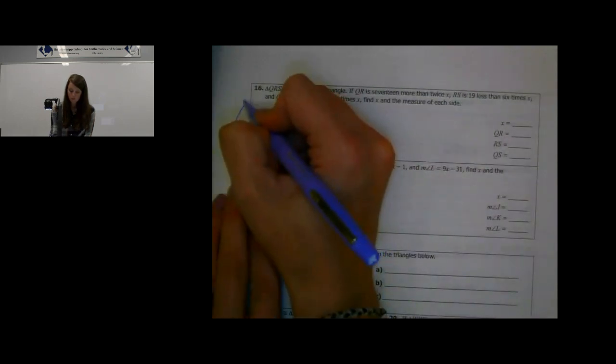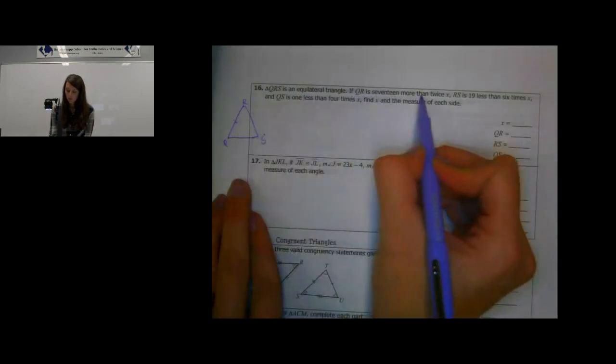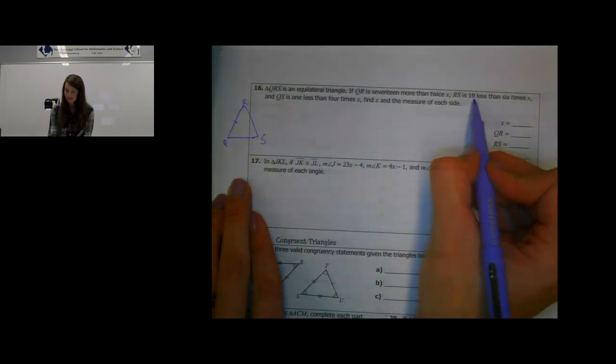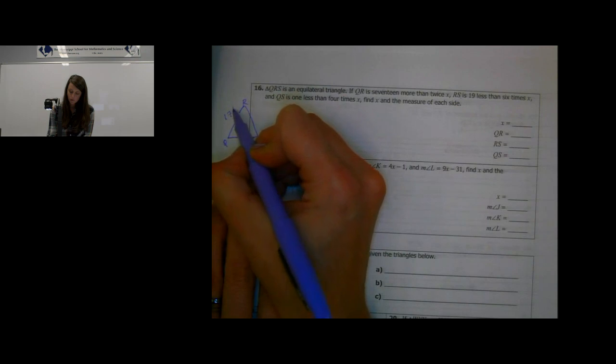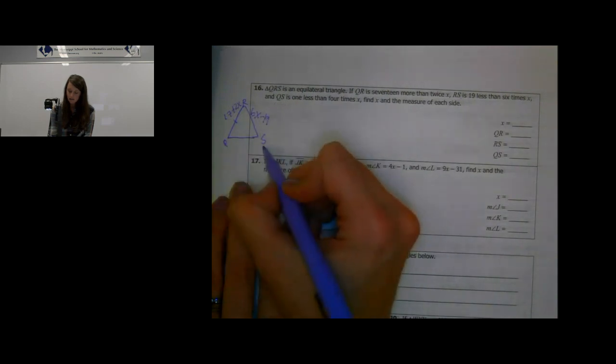QR is 17 more than twice x. RS is 19 less than 6 times x, so that's going to be 6x minus 19. And QS is 1 less than 4 times x, so that's 4x minus 1. Find the measure of each side.